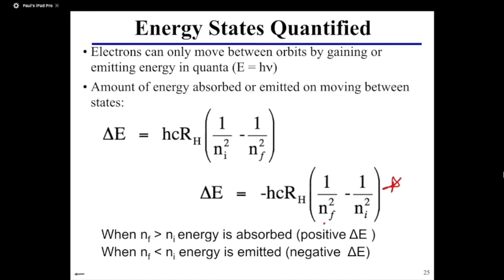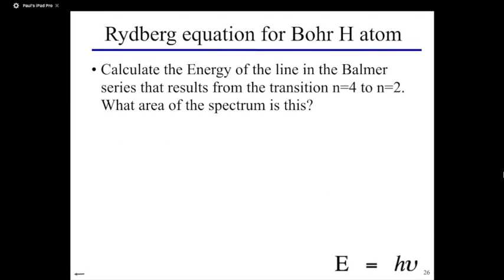Is it going in or is it coming out? We're going to use that for all chemical reactions also. So if energy is coming into the system, I have to add it. And if it's coming off of the system, it is a negative. All right? So if we can look at this, then we could calculate what the energy values for transition should be. So let's try some of that.